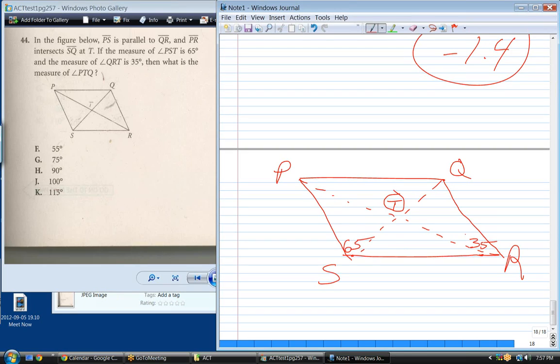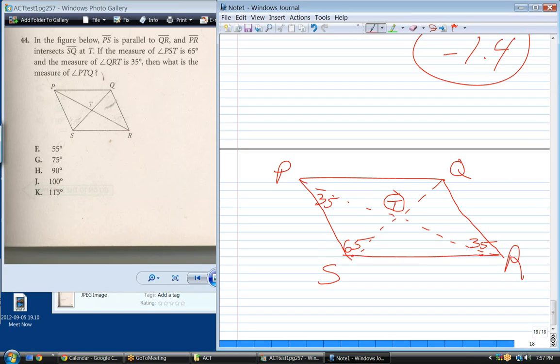If TRQ is 35 degrees, that would mean that SPT is also 35 degrees. Good. Or the other side. Right? And SPT. Oh, you're absolutely right. I labeled the wrong one. This one is 35.